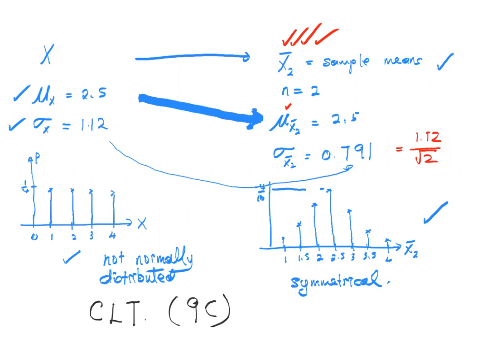What do you mean by the larger the value of n? The bigger the sample size, the better the approximation will be, which means the smaller the standard deviation of the sample mean population. This one will be smaller. Are you clear?